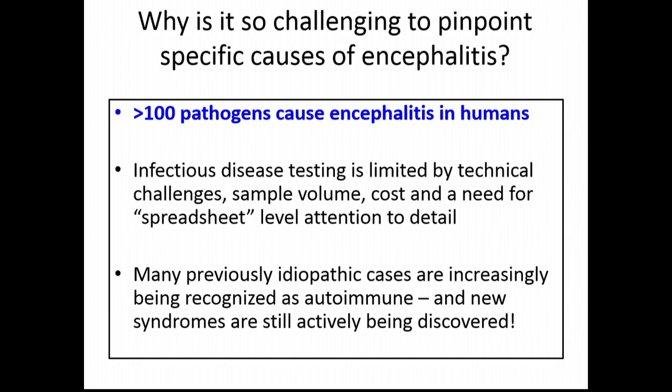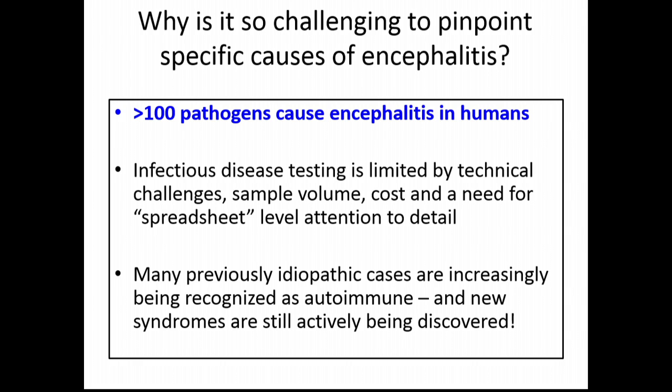And for anyone who knows how we test for infectious disease, if you step back and think of what you do when you order an infectious disease workup, you essentially create a spreadsheet, either literally or in your head, and start working through all the things that could cause an infectious encephalitis, and then you use your reasoning and Bayesian logic to say what's likely, what isn't, what is testable, how much sample do I have, and where do I start?